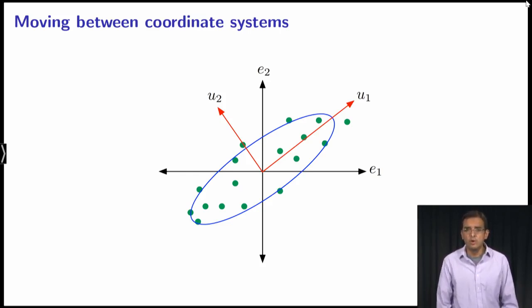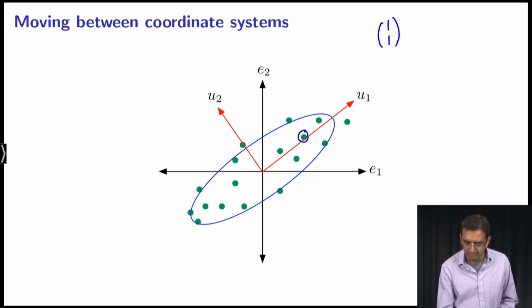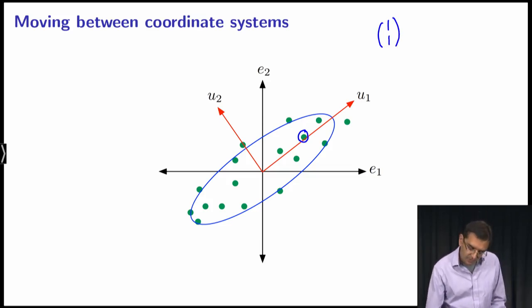So first of all, what would this entail? Well, let's take a point, say this one. In the original coordinate system, this might be something like 1, 1. In the new coordinate system, what would this be?